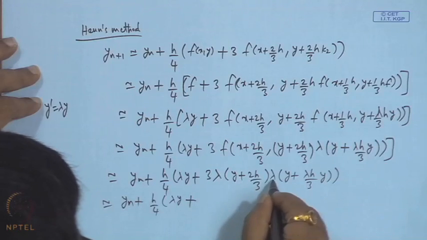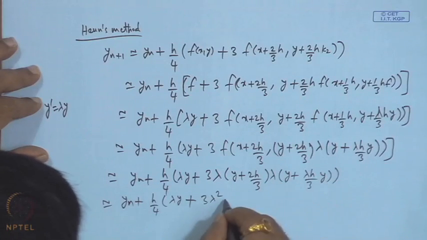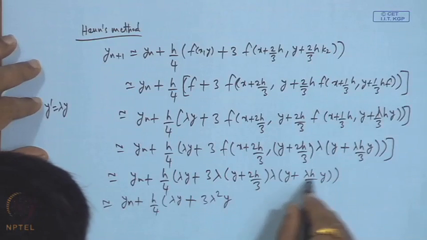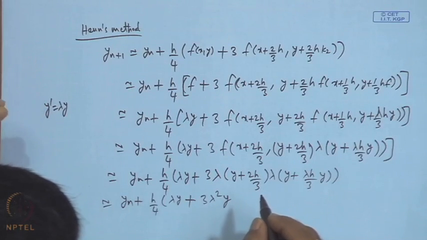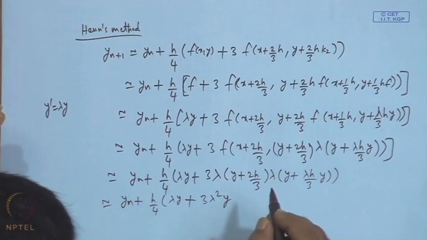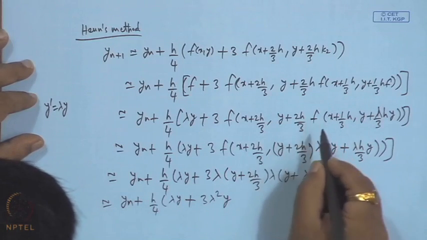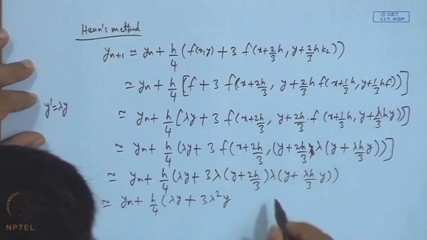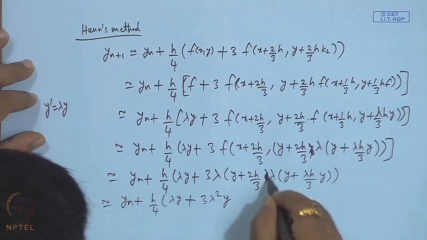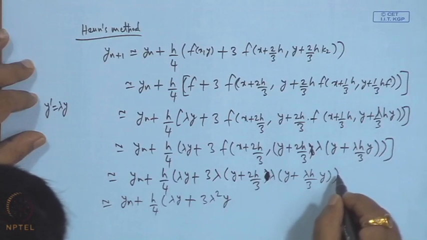Plus 3 lambda square, 1 y comes out, right. Oh, this multiplies only here. I am sorry, this multiplies only here. Okay.